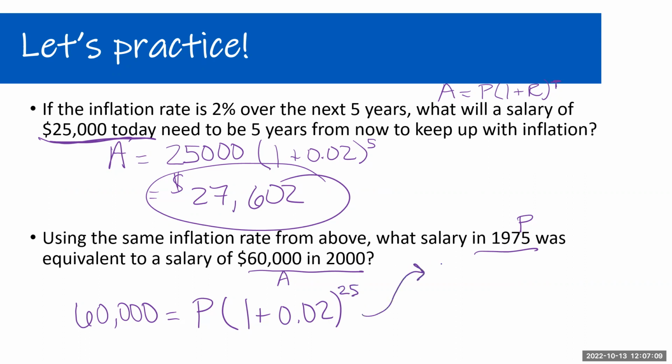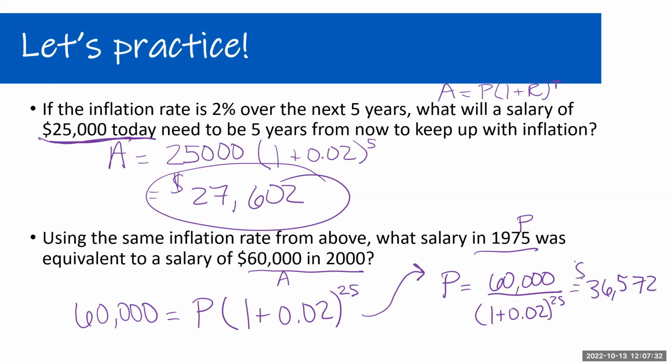So if we move this around, we're going to see that P is going to be 60,000 divided by (1 plus 0.02) to the 25th, which is going to give us 36,572.